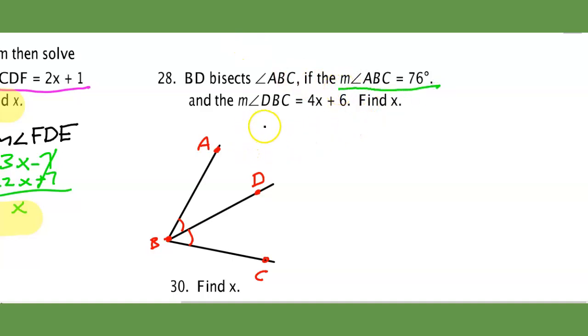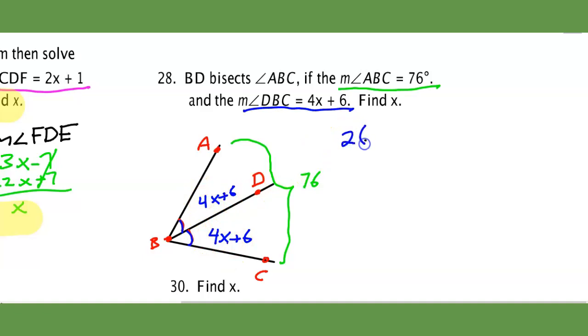So the measure of angle ABC, that's this large angle all the way here, is 76 degrees. And we know the measure of DBC is 4x plus 6. And these two are equal, so this is also 4x plus 6. So we just have two 4x plus 6's, that's going to be equal to the sum of 76.